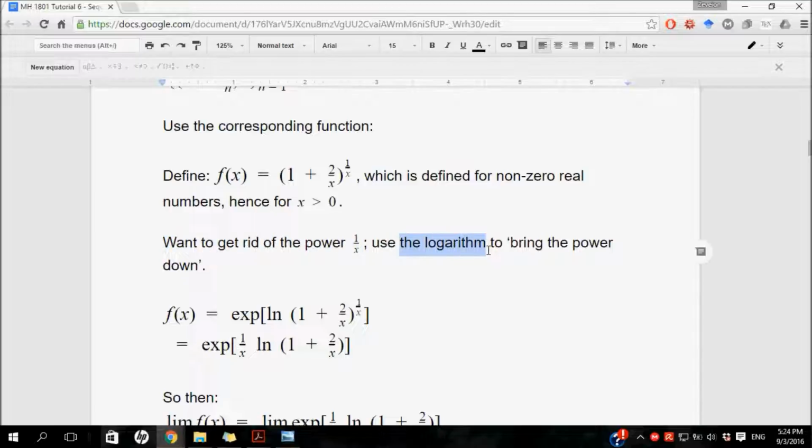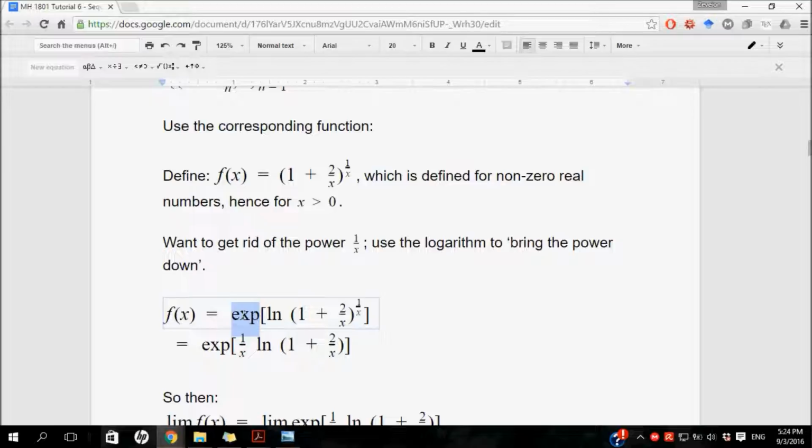The logarithm always allows us to bring the power down. So we have to introduce the logarithm here, but to get back f(x), we also need to apply the inverse of the logarithm, which is the exponential function.